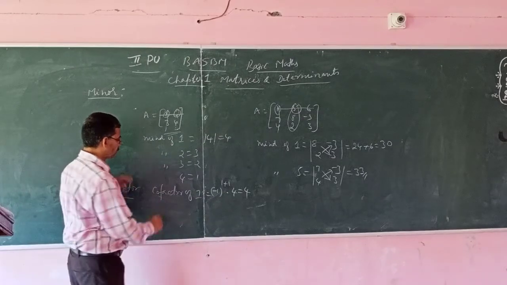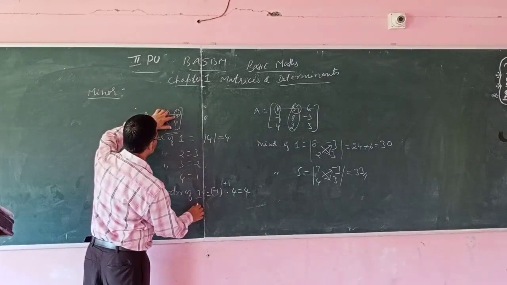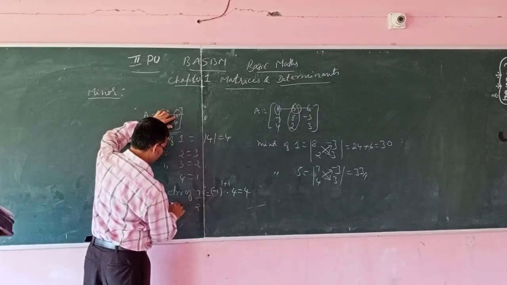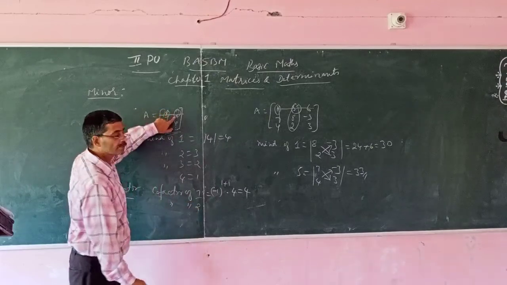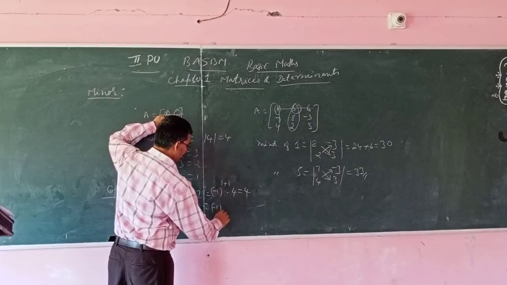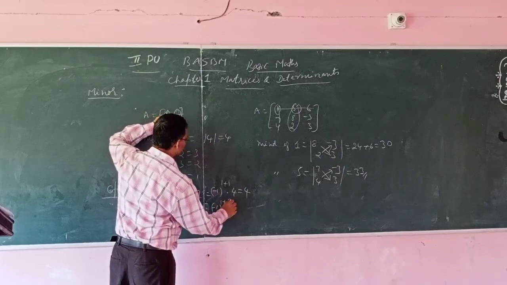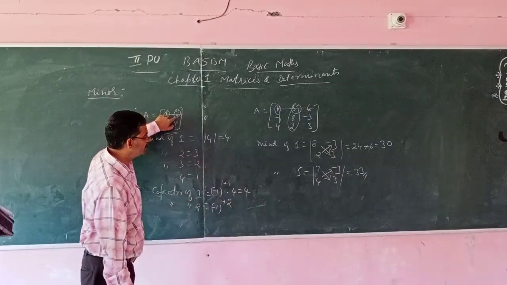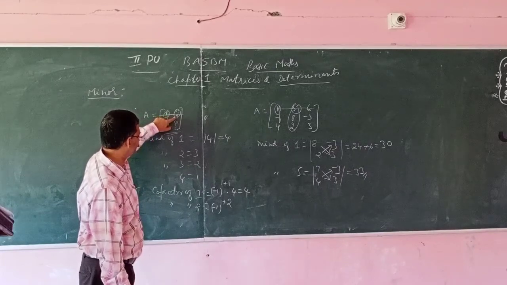Now again, what about cofactor of the next element 2? Cofactor of 2 is equal to minus 1 to the power 1 plus 2, second column, into minor.